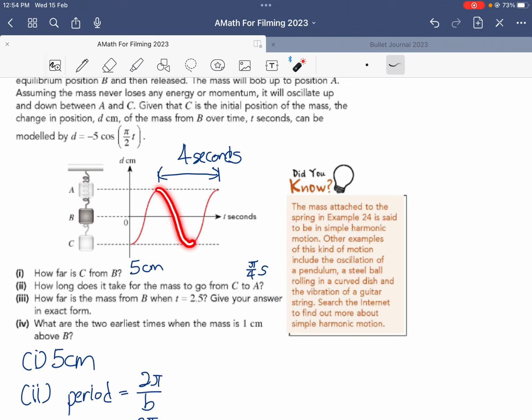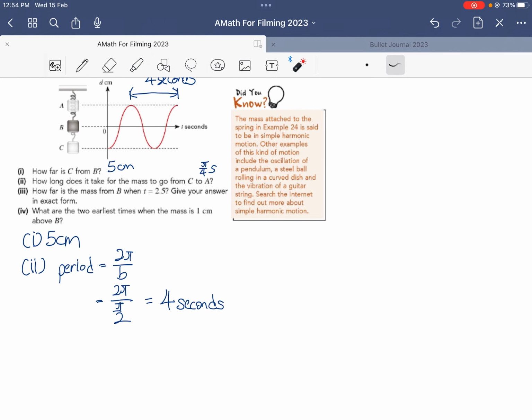So this is actually half of 4 seconds. This is the complete 4 seconds. So C to A is actually just 4 divided by 2. It is 2 seconds. Hence, the time taken is 4 divided by 2, which is 2 seconds itself.